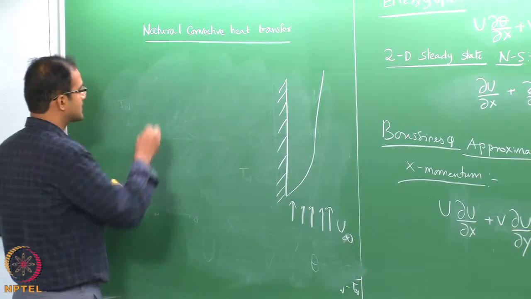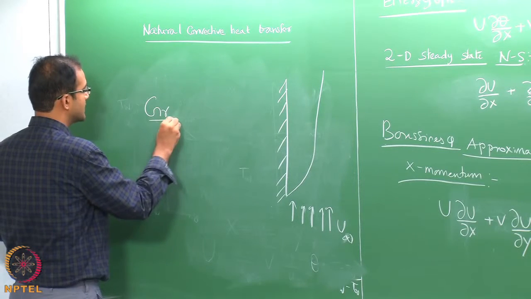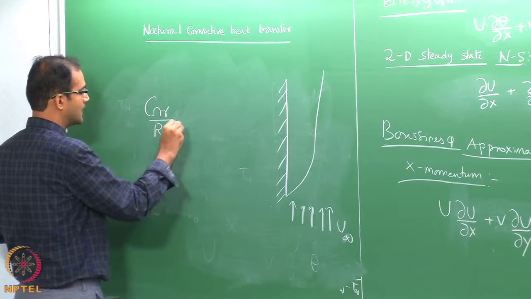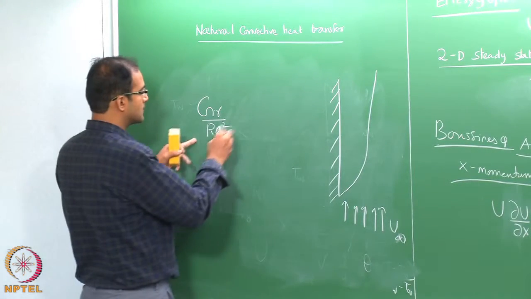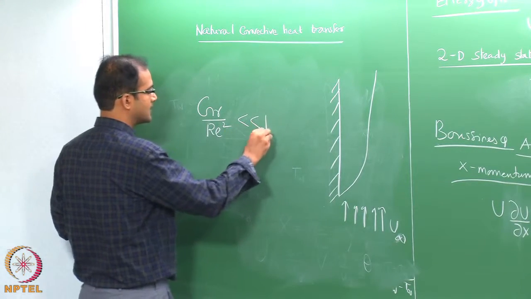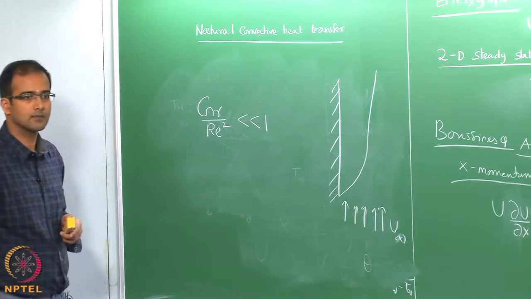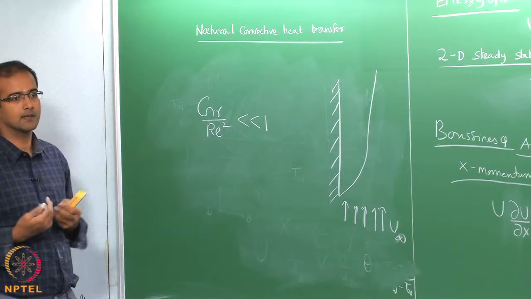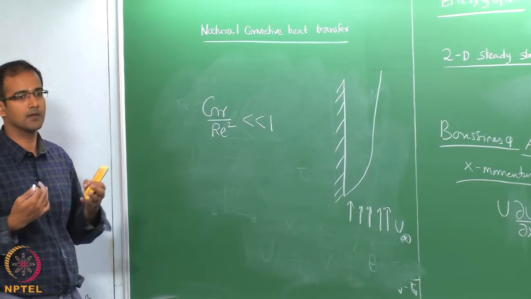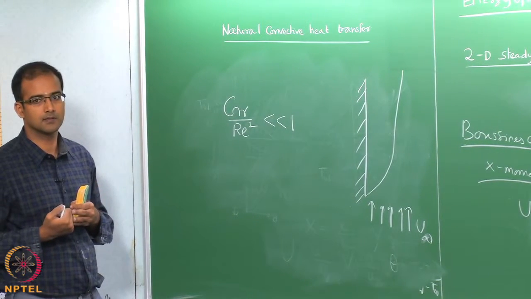Okay. So, in that case, how the different regimes are classified is by the ratio of Grashof by R e square. Okay. So, if these values are much lesser than 1, that means your bulk velocity is now overpowering your buoyancy force.